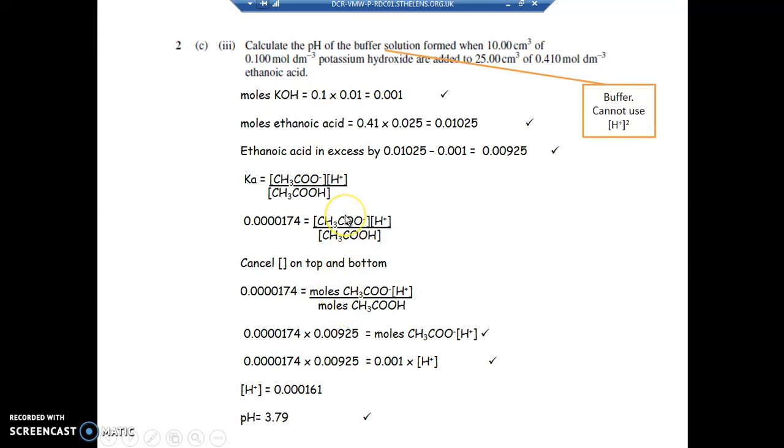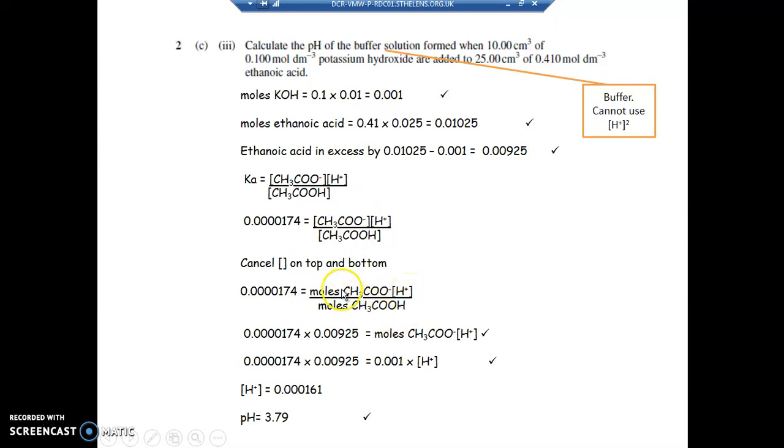The reason I can do that, you don't really need to know, is because to turn moles into concentration, I've been dividing by the same volume top and bottom, so it cancels out. Just think of it as cancelling the square brackets on the top and bottom, leaving the only thing with square brackets as the H plus.